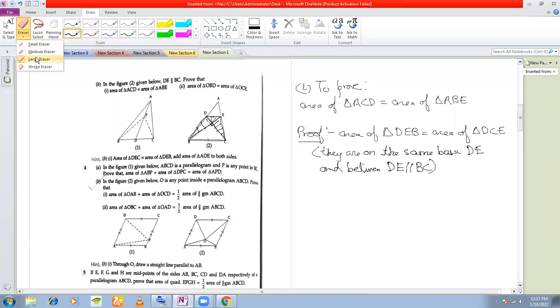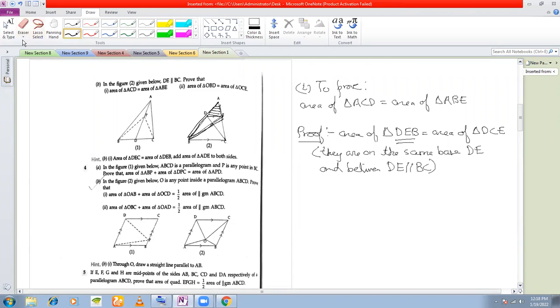Now, look at this figure once again. This triangle we are considering, this triangle is triangle DEB, right? To this triangle, if I add this triangle, what is the figure formed? We'll get this triangle, right or wrong?